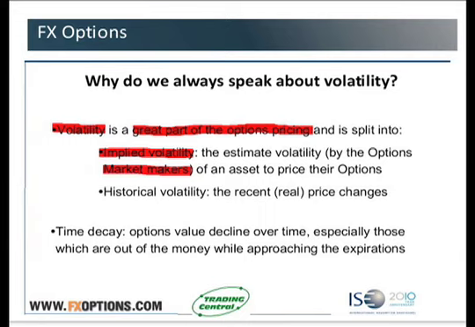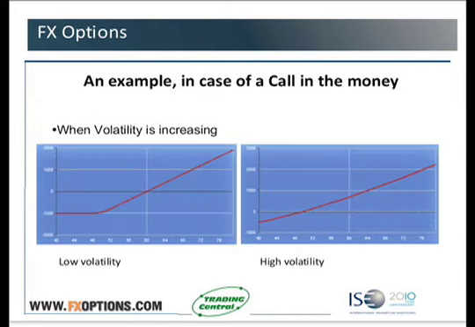Yeah, I have some slides about it, and I will comment with a chart example. Great. So maybe yes, that was my next slide about volatility increasing. You can see on the left low volatility, and on the right high volatility.